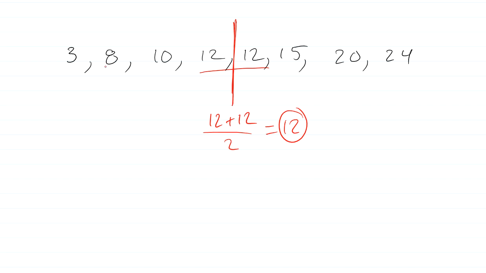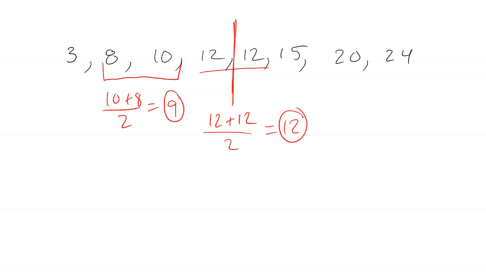As I move forward to find Q1 and Q3, I'm going to take the average of the 2 middle values in the lower half of my data. 10 plus 8 is 18, and 18 divided by 2 is 9. So this is the first quartile.